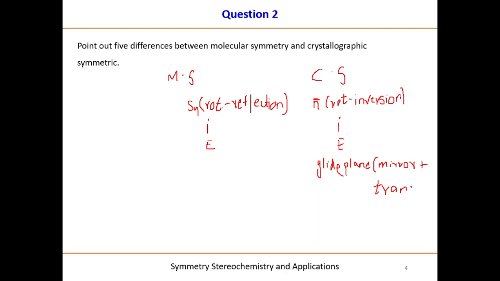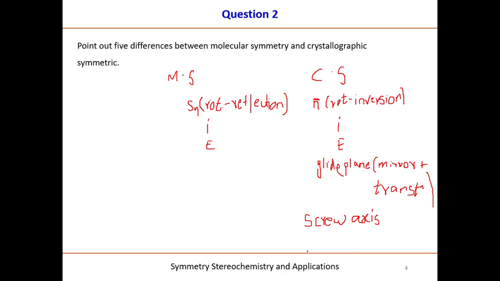One more element is present in crystallographic symmetry, which is known as screw axis. The screw axis and its examples are explained in detail in YouTube videos, so you can find it from there. I am writing just the name, screw axis, which is present only in crystallographic symmetry.